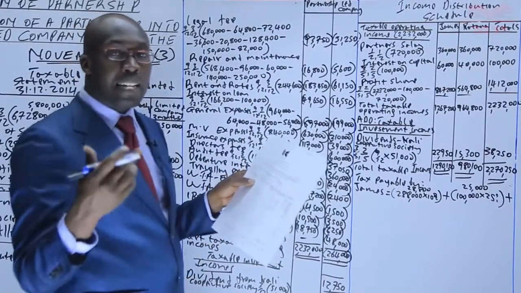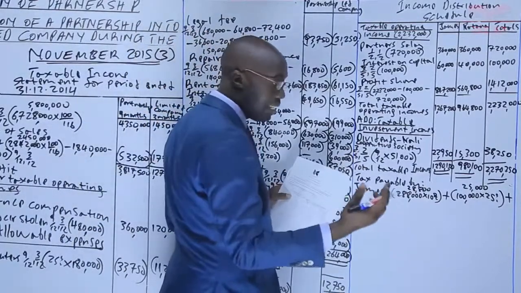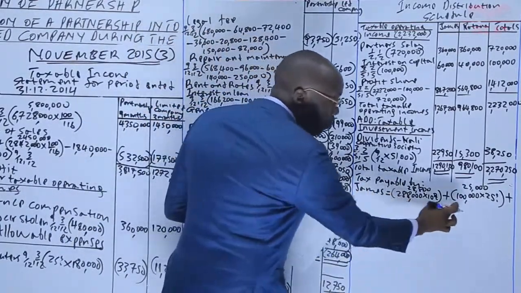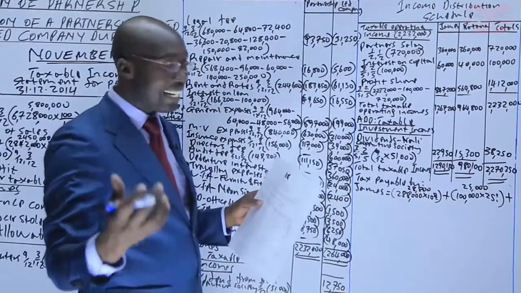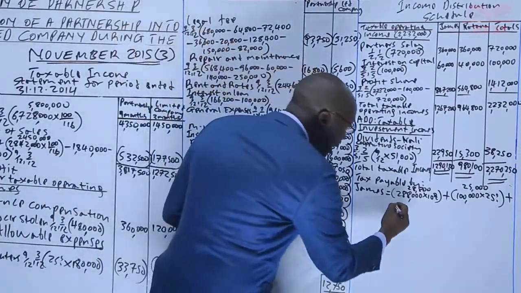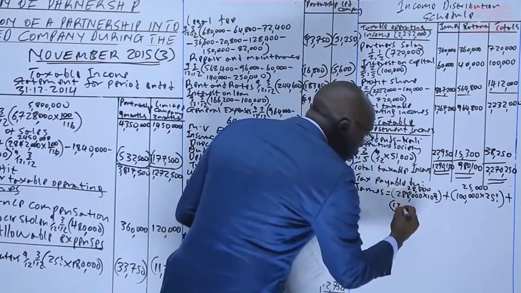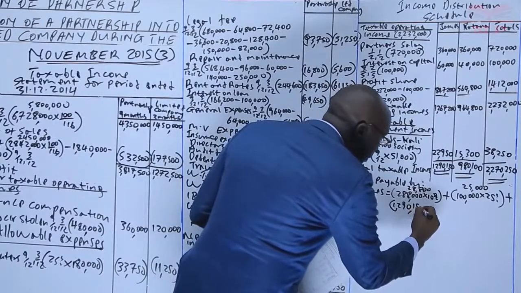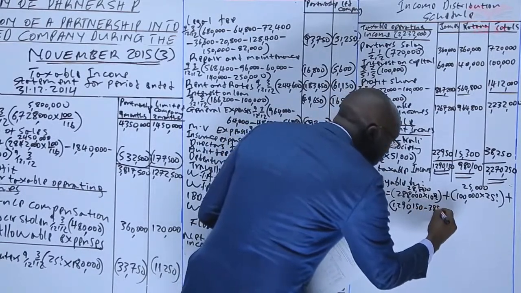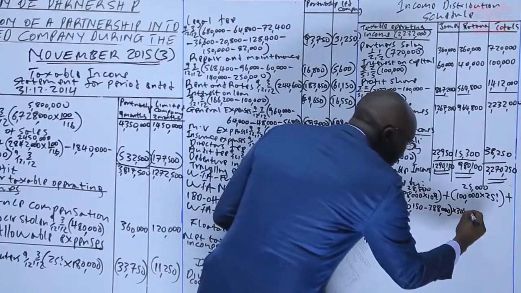And then you add, you see, excess over 388,000, 30%. What does it mean by excess of 388,000? It means we have already taxed the 388. The 288,000 plus 100, that is 388. So whatever is above 388, you take 30%. So the above is going to be the taxable amount, 1,290,150 minus 388,000, and then you multiply by 30%.